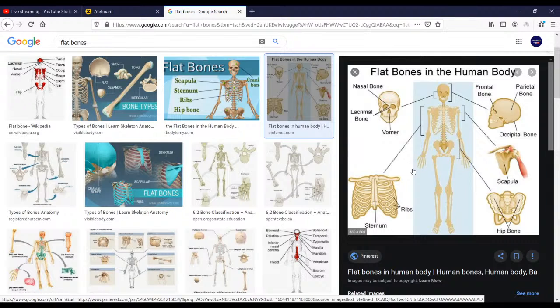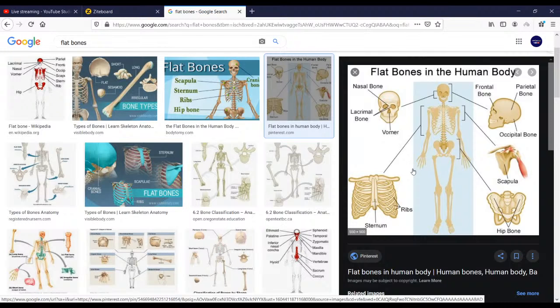Now you will be thinking about what is compact bone and what is spongy bone that I have written. That is very easy. Compact bone is nothing but dense bone, mostly made up of osteons, whereas spongy bone is mostly made up of trabeculae.